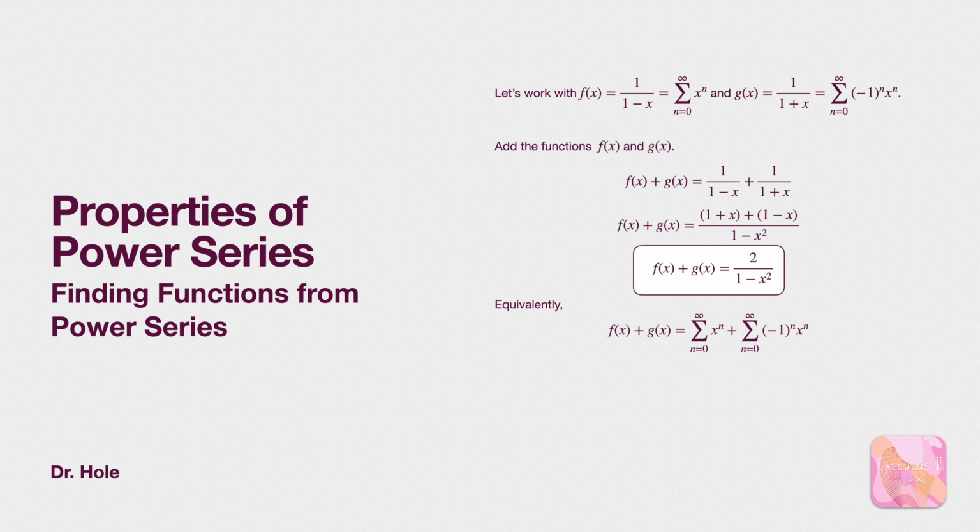Alternatively, we can use the theorem that we've just looked at to say that if we have one power series and another power series, and we want to sum the two power series, then we can simply look at the sum of the respective summands. All right, so x to the n combined with negative 1 to the n, x to the n. Then this is going to either cancel out or double up.